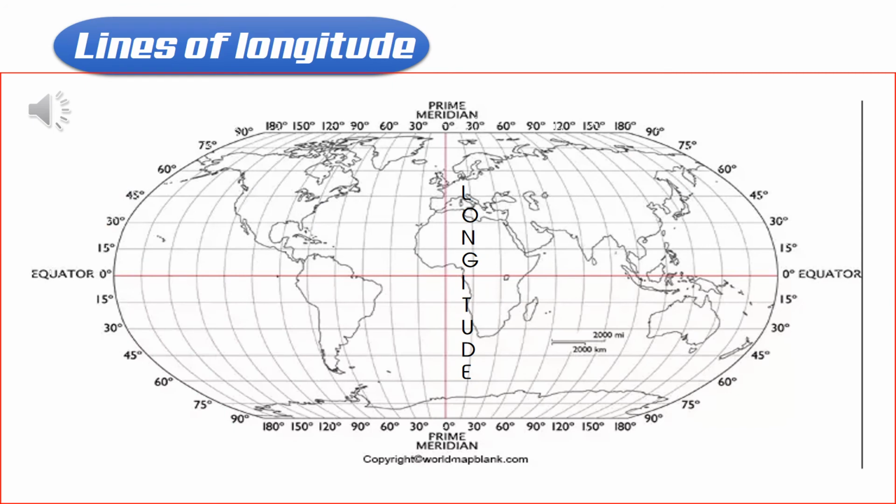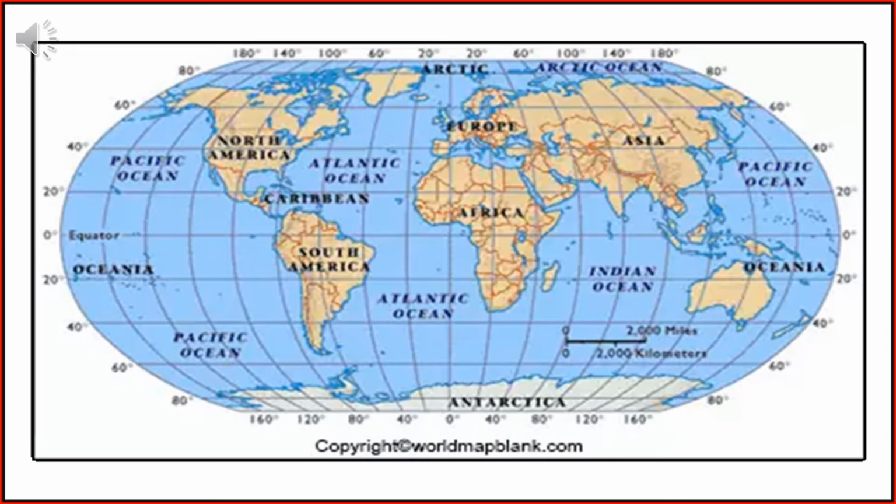The lines that run north-south are known as lines of longitude. They run from North Pole to South Pole, crossing the equator at right angle. All the lines are equal in length.